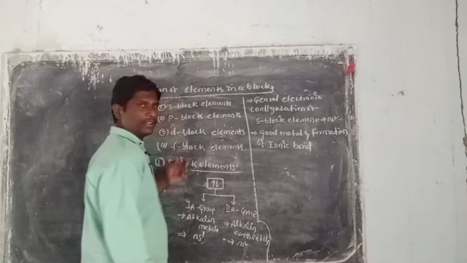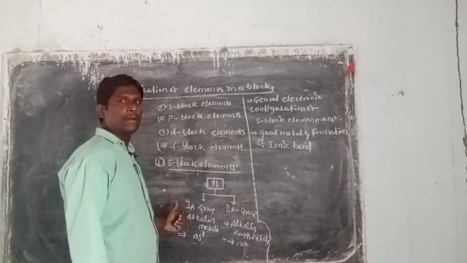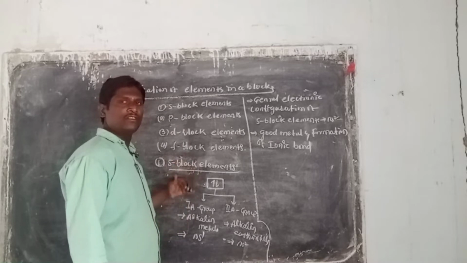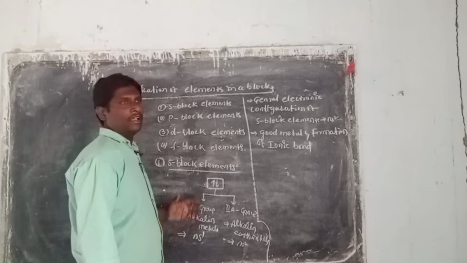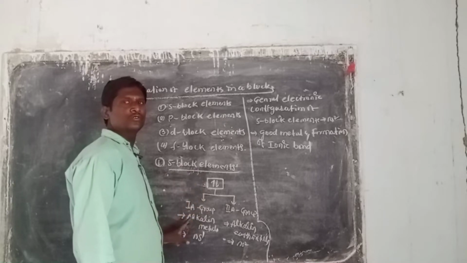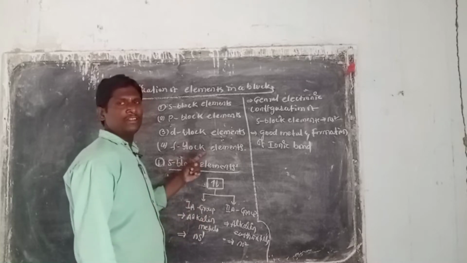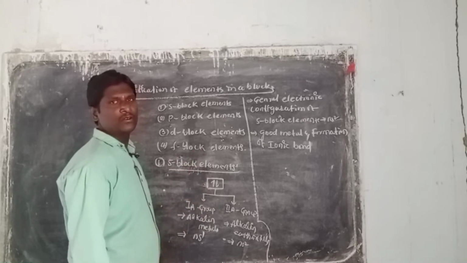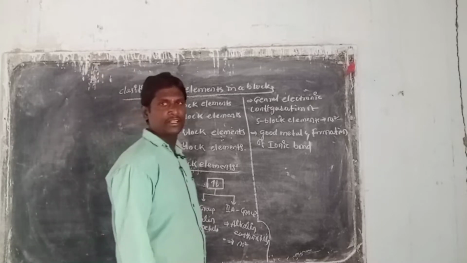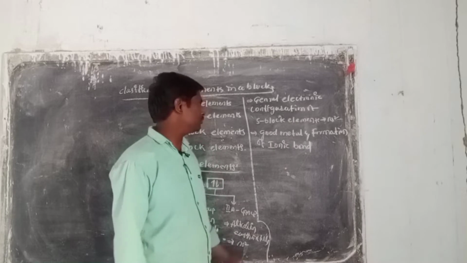Now, what is meant by s block elements? The differentiating electron enters the ns orbital. S orbital accumulates 2 electrons, and they are classified into 2 groups: first A group elements, called alkaline metals, and second A group elements, called alkaline earth metals. The general electronic configuration is ns1 and ns2.